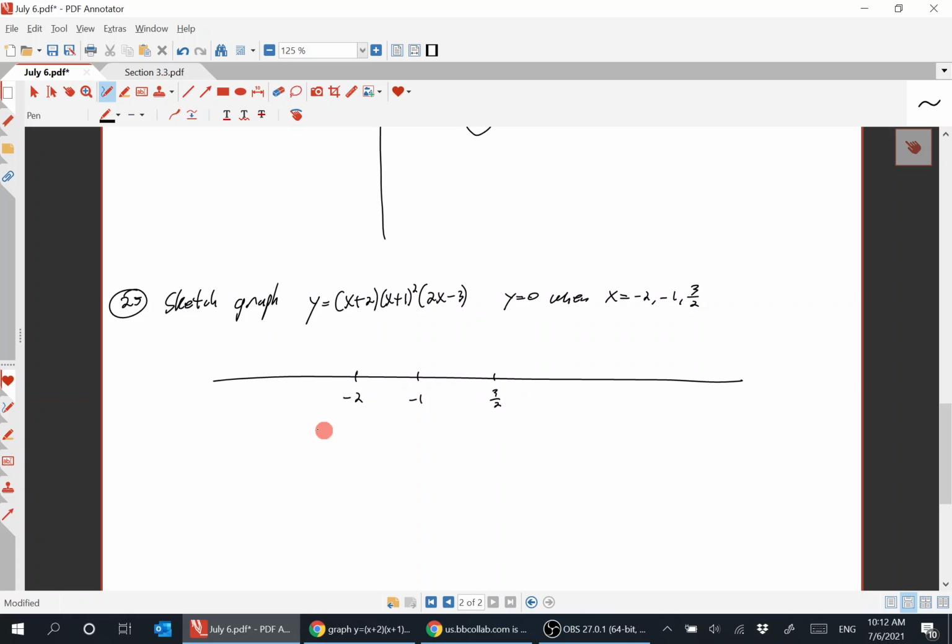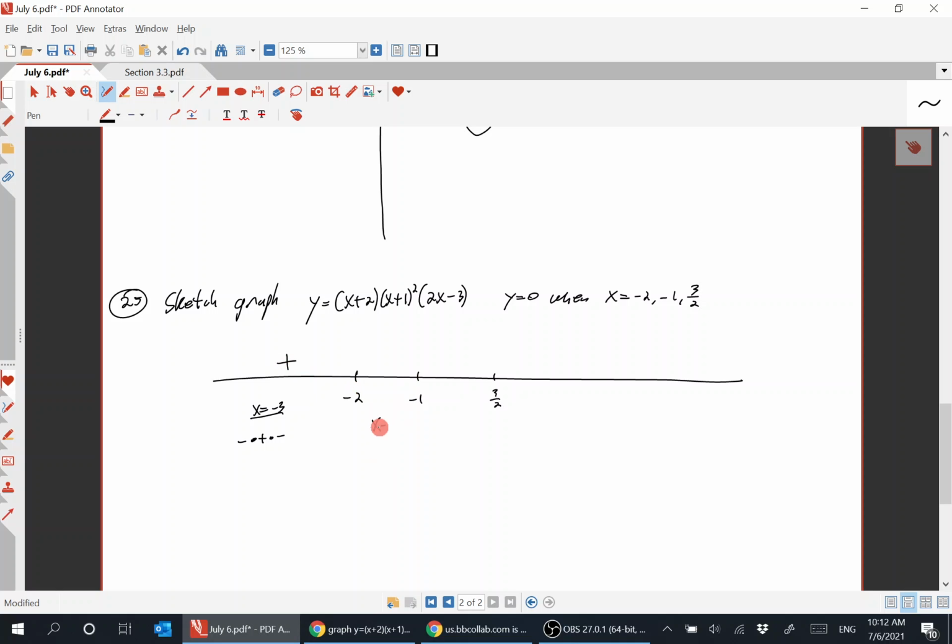And check for positive and negative behavior. So here, x equal to negative 3, say. This is negative. This is negative, but it gets squared, right? So a negative number squared, of course, is positive, and then sticking x equal to negative 3 in here, that's negative as well. So the whole thing is positive.